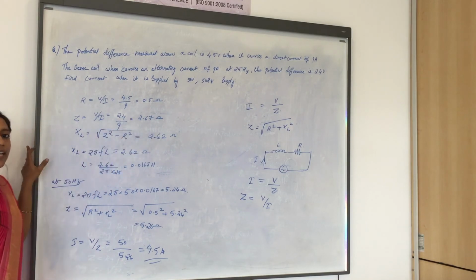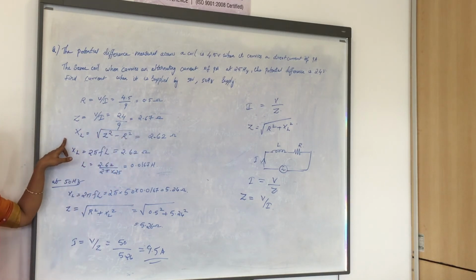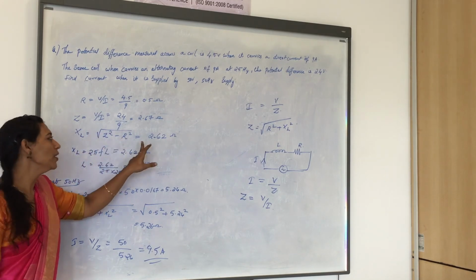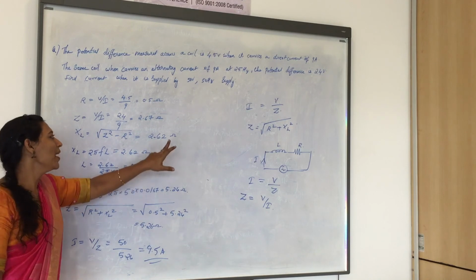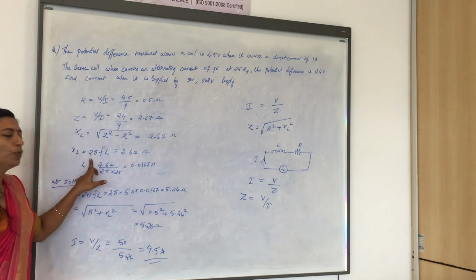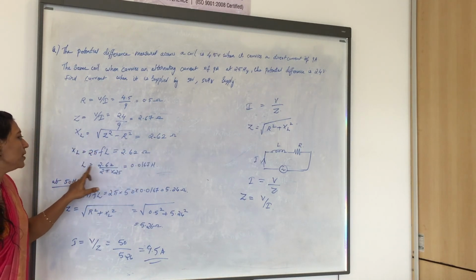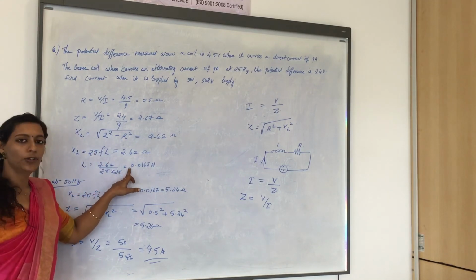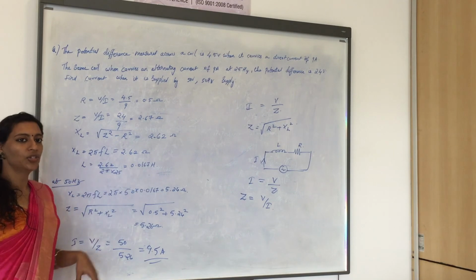From this we can find inductive reactance XL is equal to root of Z square minus R square, 2.62 ohm, and XL is equal to 2 pi FL. Inductance value is L equal to XL divided by 2 pi F, which is 0.0167 Henry.